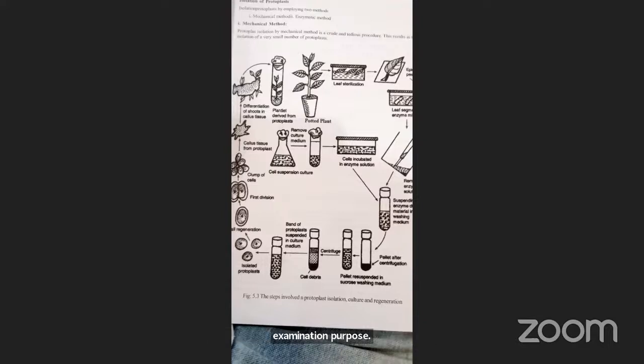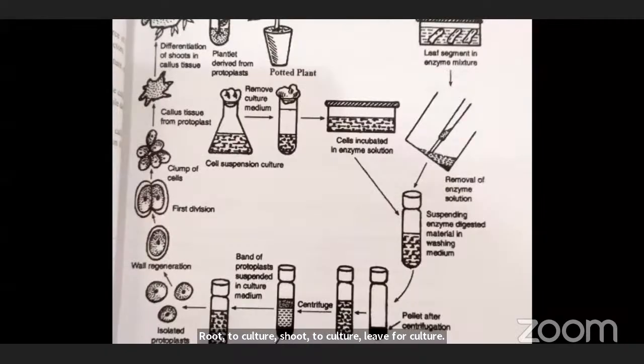Next, in the organ culture process, you already know organ culture. In the entire tissue culture technique, there are root culture, shoot culture and leaf culture. These are the vegetative parts of a plant, and these vegetative organs are taken onto the culture media to grow new plantlets.